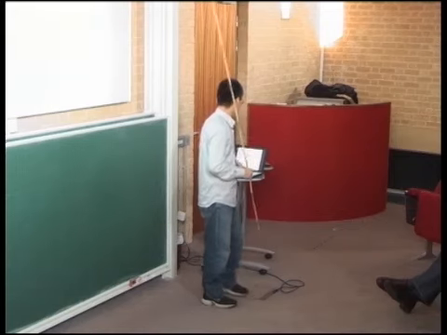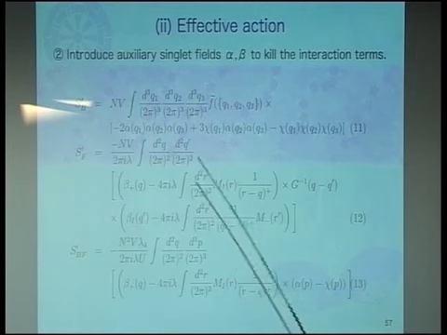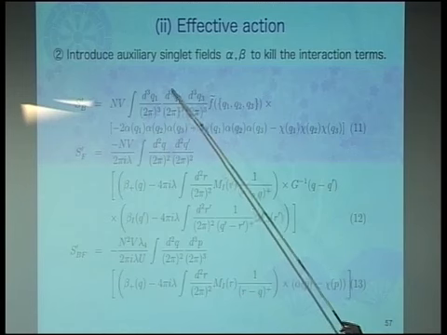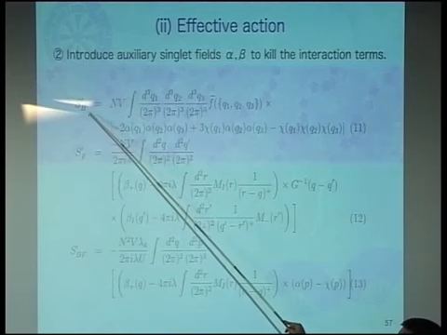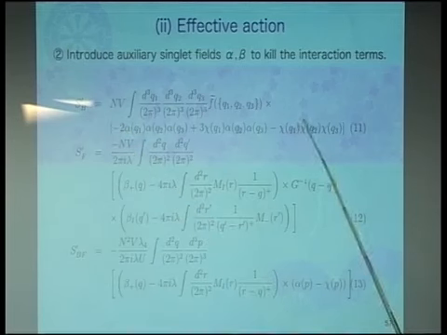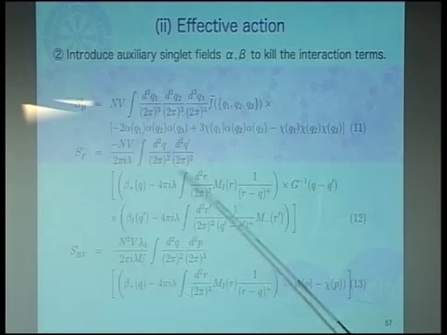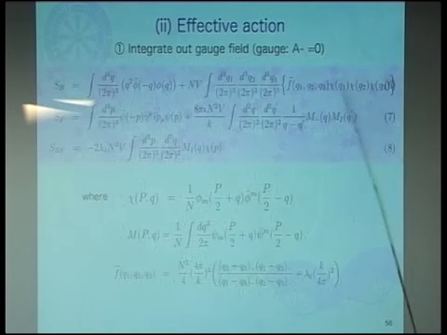And let's introduce an auxiliary singlet field, denoted by alpha or beta, to keep the interaction terms. For this purpose, we choose the action of the auxiliary field like this for the boson, like this for the fermion, and this for the mixing term. You can see that you can kill this term here.